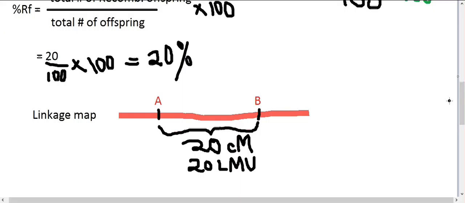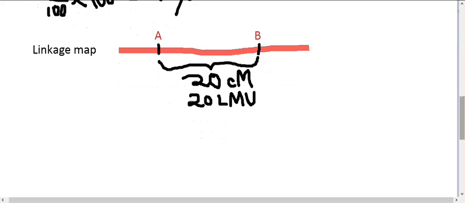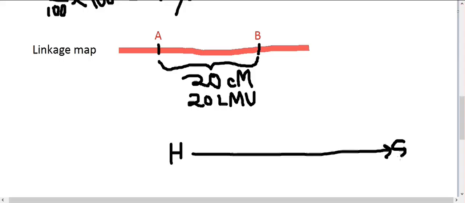If I could give you an analogy for what a linkage map would be, let's assume for a moment that here's your house, and here's the school, and here's like a 7-Eleven.